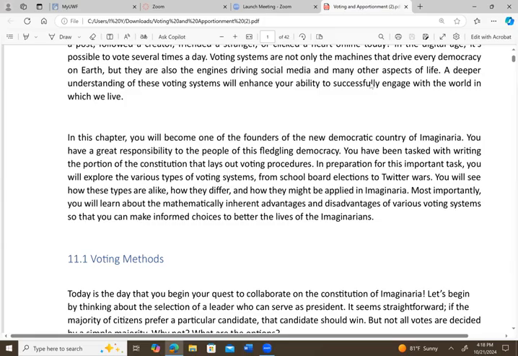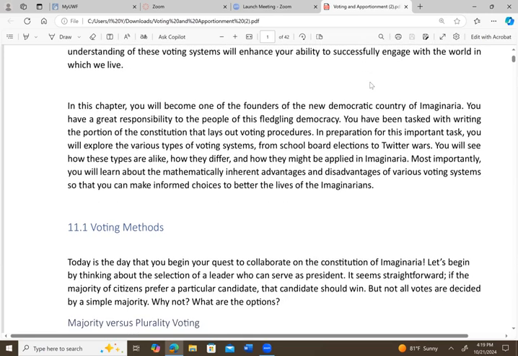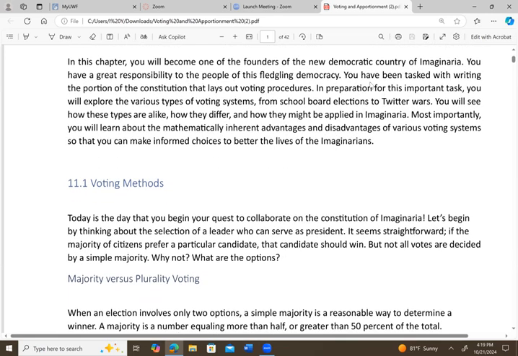You will see how these types are alike, how they differ, and how they might be applied in Imaginaria. Most importantly, you will learn about the mathematically inherent advantages and disadvantages of the various voting systems so that you can make informed choices to better the lives of Imaginarians.